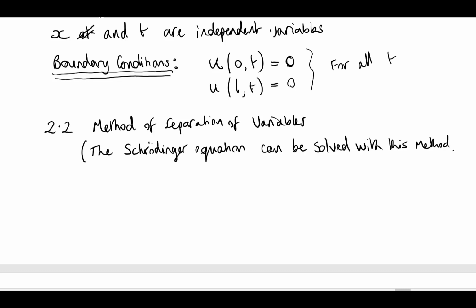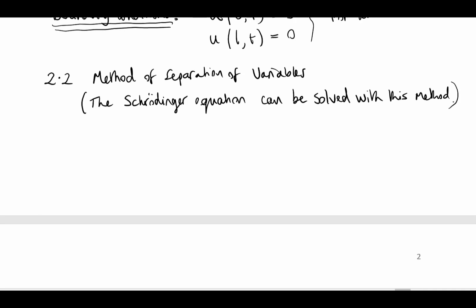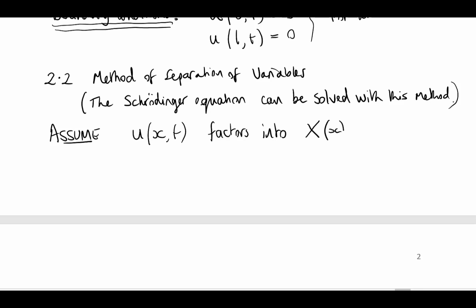So what is that approach? What is this method of separation of variables? So the key step here is to assume that this function u of x and time, we can assume this factors into a function, capital X, that's a function of little x position on the x-axis, multiplied by a time function, if you will, capital T, which is a function of time, little t.